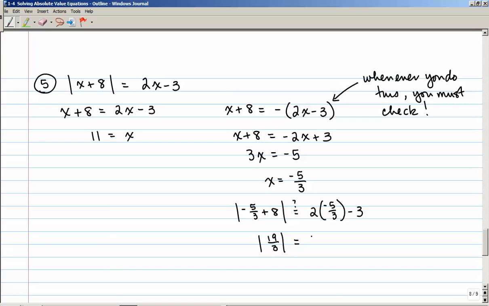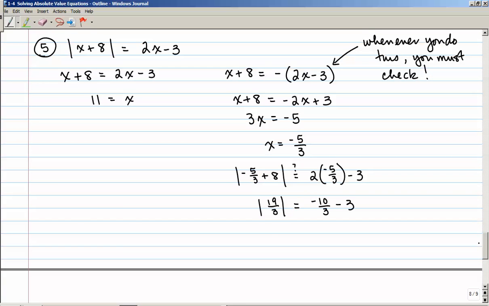Is that equal to negative 10/3 minus 3? So is 19 over 3, because the absolute value of that would be positive, equal to, and doing this in your calculator, you end up with a negative 19/3. So no, it is not equal, so this solution doesn't check.